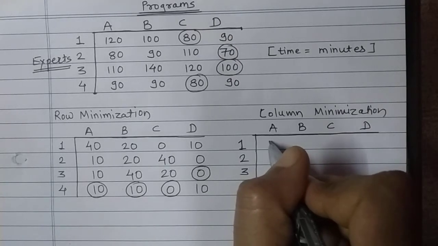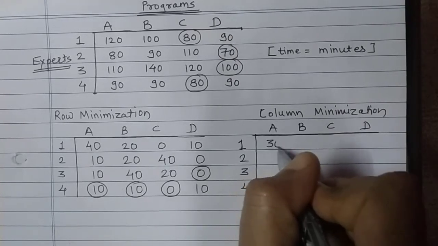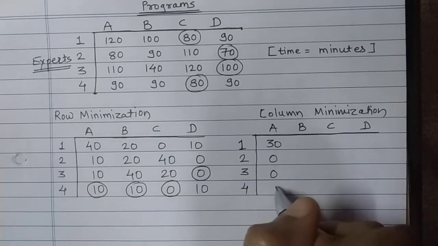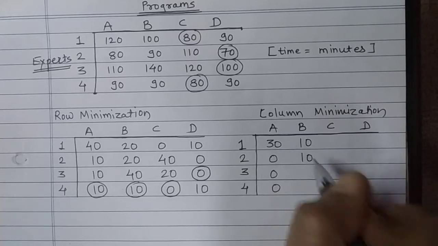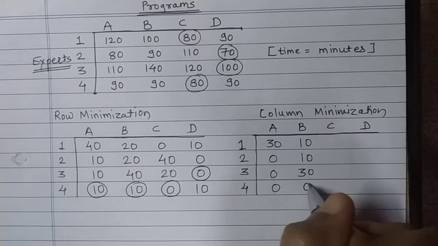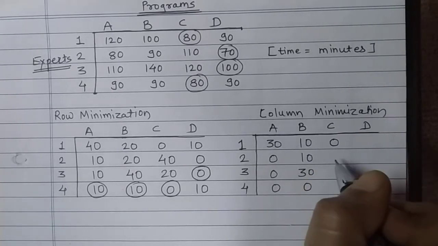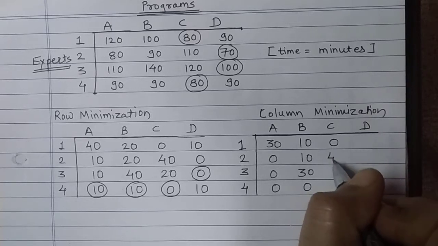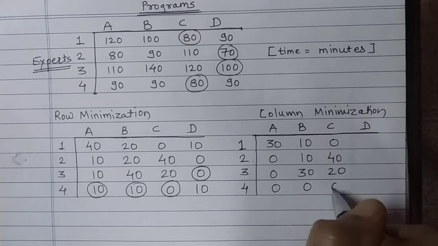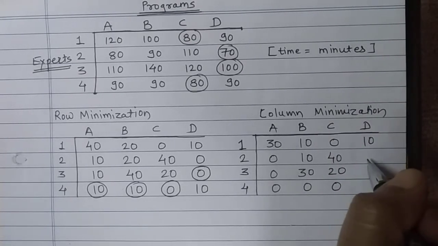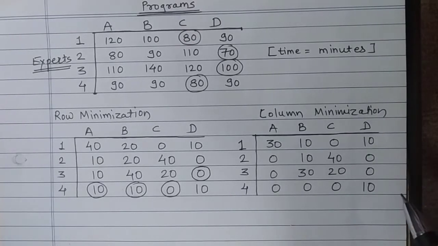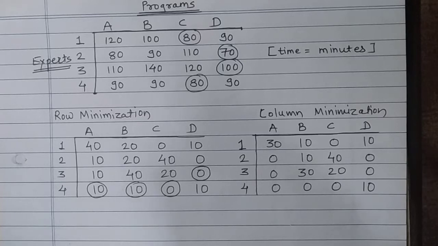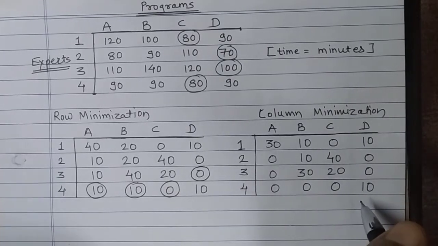So the first column will be 30, 0, 0, 0. Next is 10, 10, 30, 0. The next column, that is the C column, will be as it is: 0, 40, 20 and 0. The last column will also be as it is: 10, 0, 0, 10. So after row minimization and column minimization, this is your new matrix.